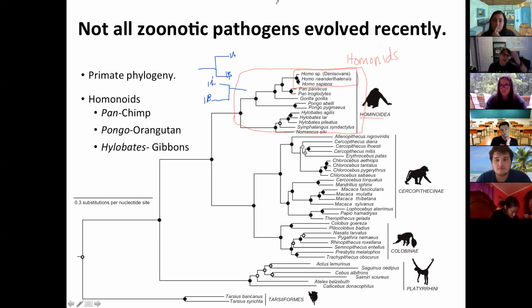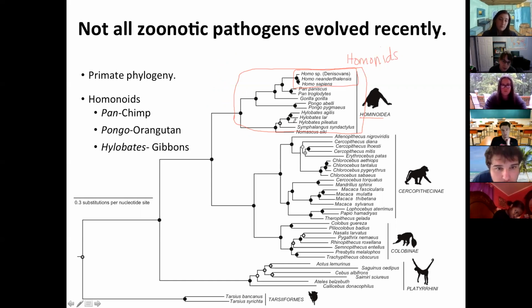Okay, so one of the things that's really important to take from this is that our sister taxon or sister group is the Pan genus. So Homo and Pan form a monophyletic group, and sister to Homo and Pan is Gorilla.